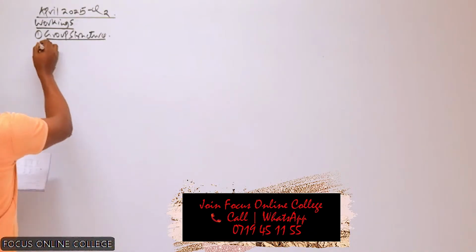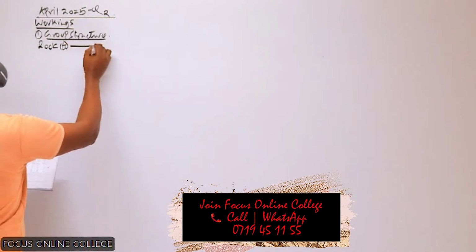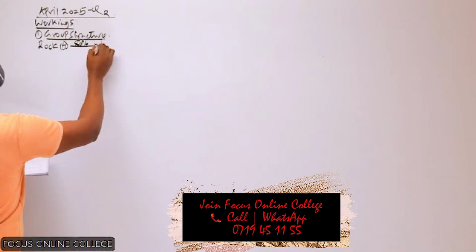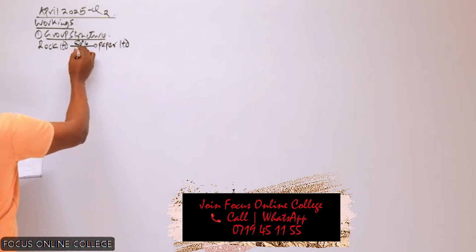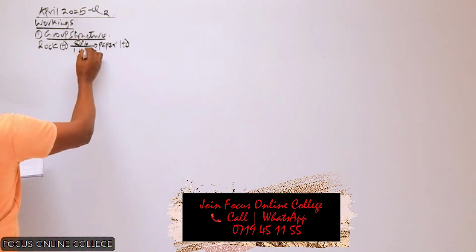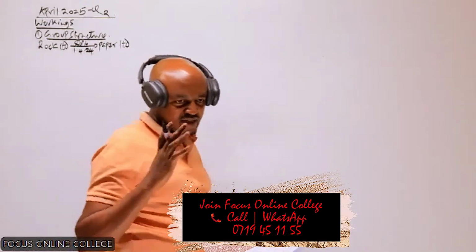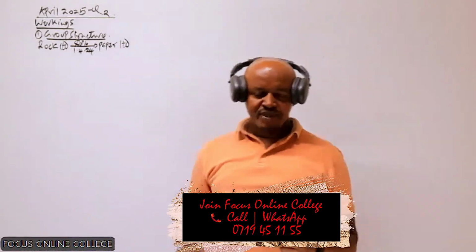So LL Limited acquired 80% equity shareholding in Paper Limited, on which date? 1st of April 2024. It basically means that LL is the parent and Paper is the subsidiary. You can see we're also given the date of acquisition.